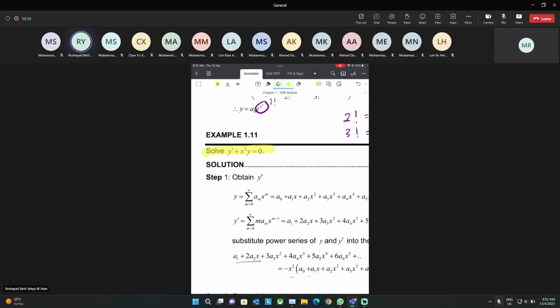Have you copied this equation? If you finish copying this, I would like to show you the steps.